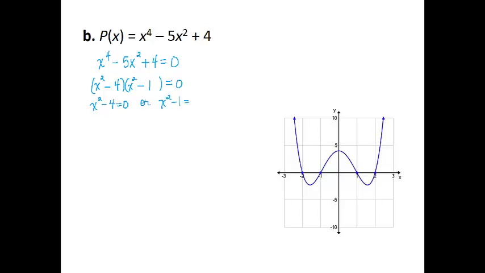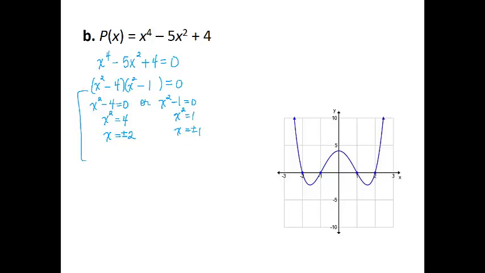So either way is fine. We would get x squared equals 4, so x equals plus or minus the square root of 4, which is plus or minus 2. Or x squared equals 1, to get x equals plus or minus the square root of 1.